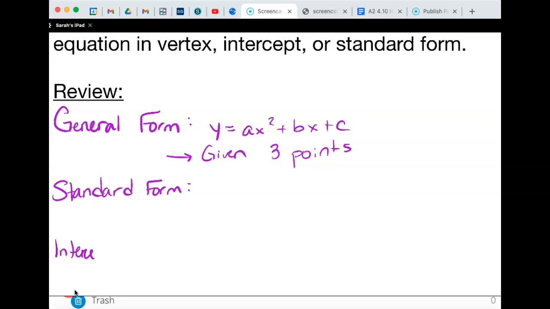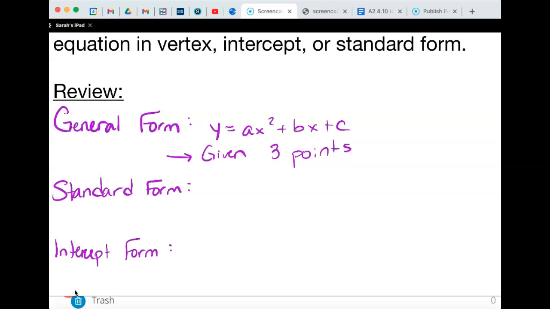What does standard form look like? Is the intercept the one where it's a times x minus q?